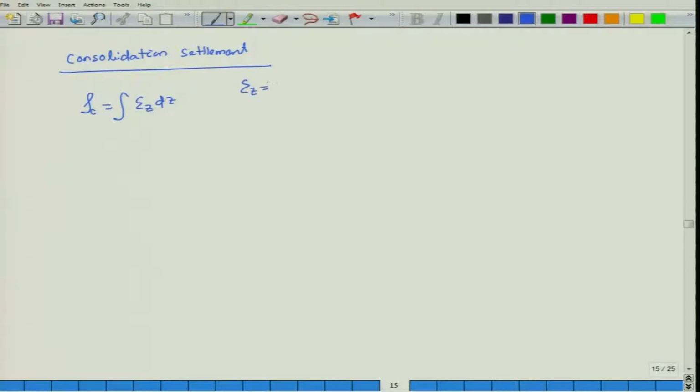Epsilon z is your vertical strain, which is equal to delta E by 1 plus E 0, where delta E is your change in void ratio, which is a function of P 0, P c, the pre-consolidation pressure, and the increase in stress due to external loading, that is your delta P.